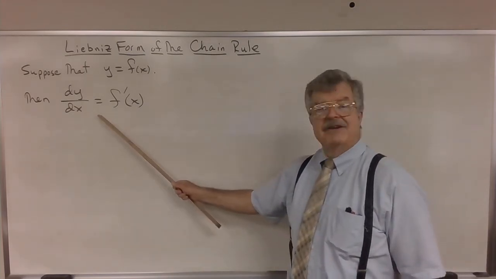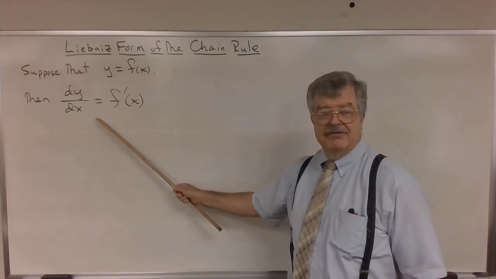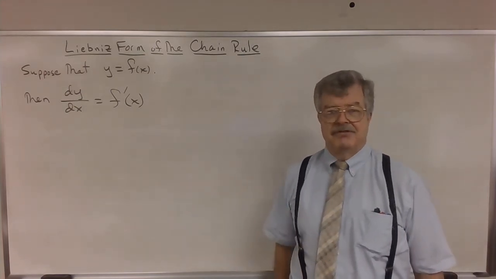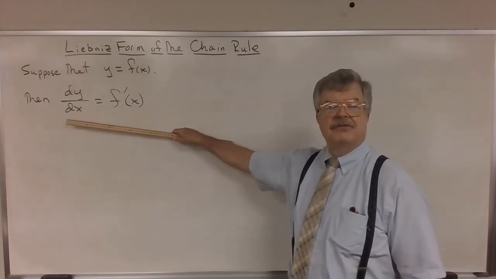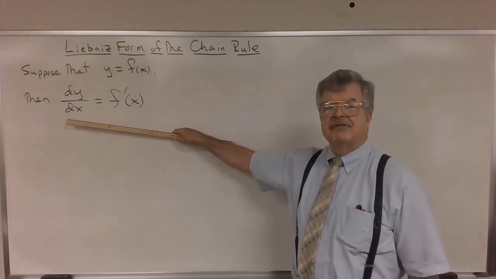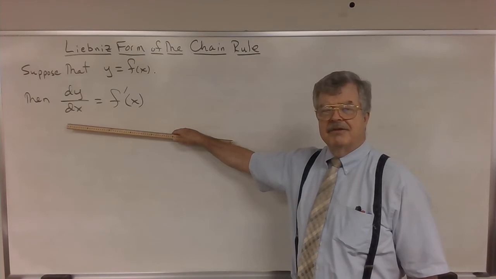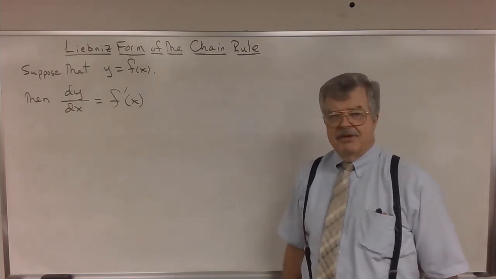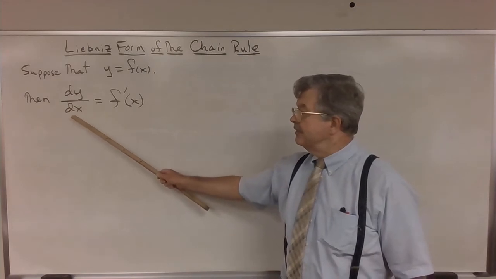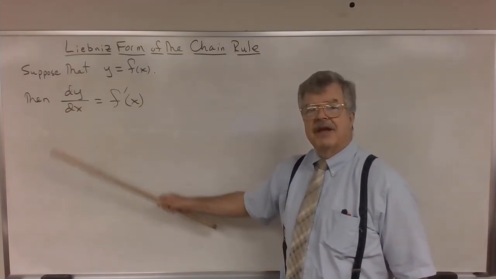There are advantages and disadvantages to both styles of notation. And maybe that's one of the reasons that both styles of notation are common down to this day. So we're going to reformulate the chain rule using the Leibniz style of notation.